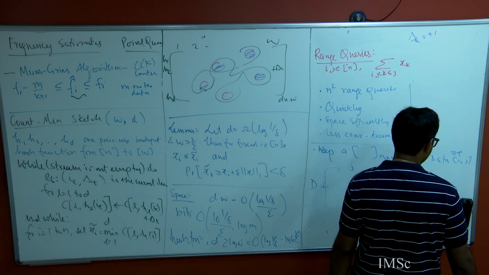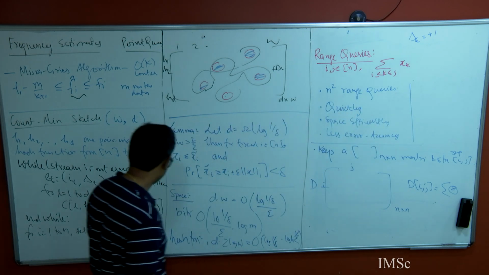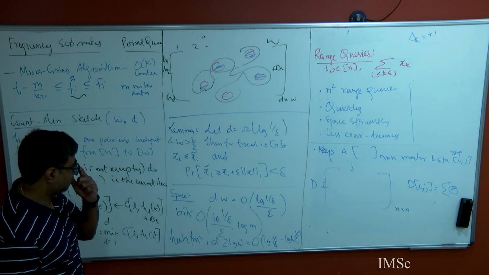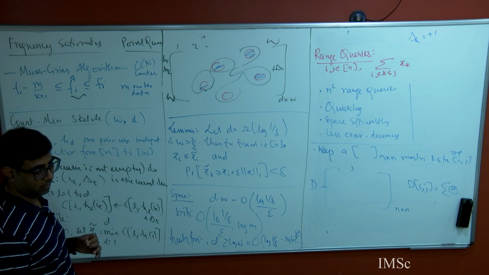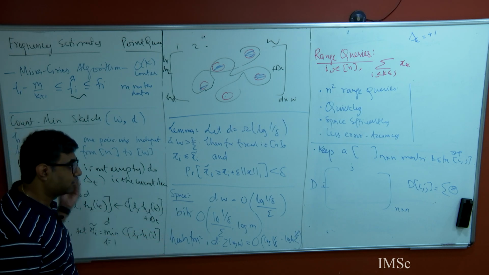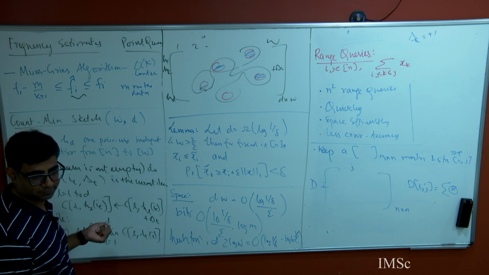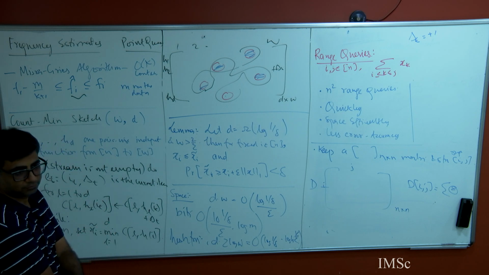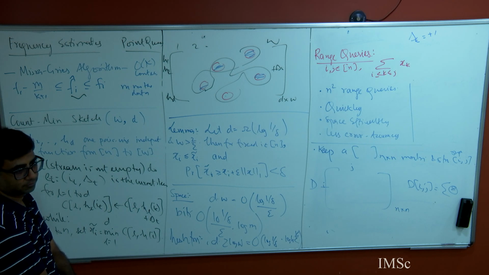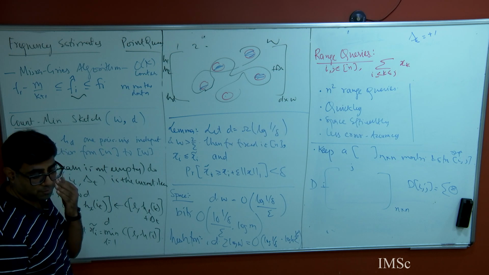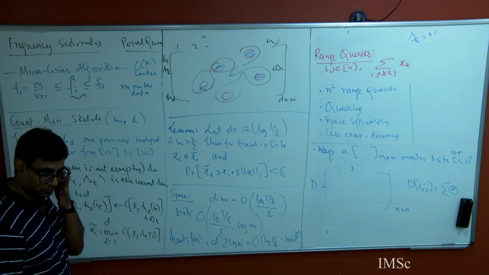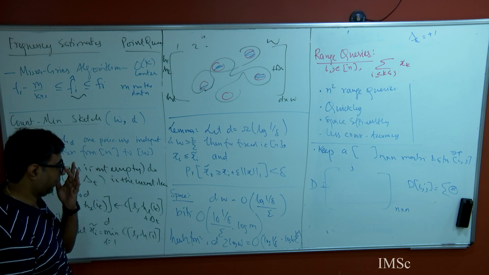Okay, fine. But it takes a lot of space, and that is not something which we are very happy with. This is something which the Misra-Gries algorithm cannot do, most of the time.